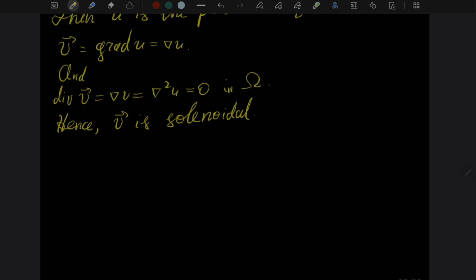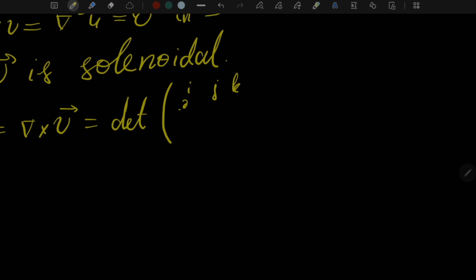Now we consider the curl of V. Okay, it is calculated as this determinant, and if we expand this, then for the first two coordinates we get 0.